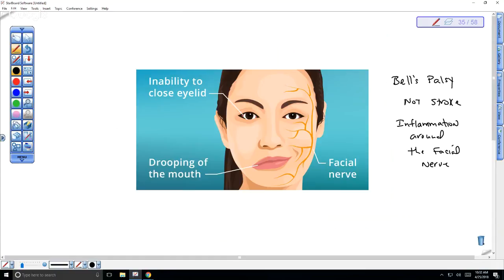Sometimes, because they're unable to close their eyes or to feel pain in their cornea, then sometimes during this period of time where their face is paralyzed, they'll damage the cornea, so they'll lose partial vision in that. One of the really interesting things about this one is it tends to be reversible.